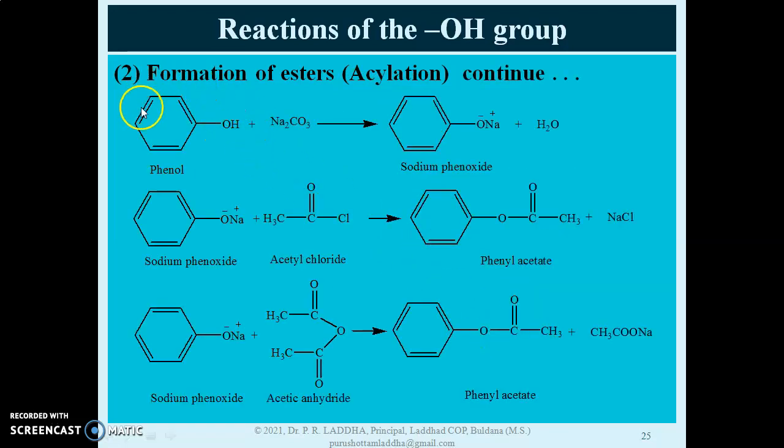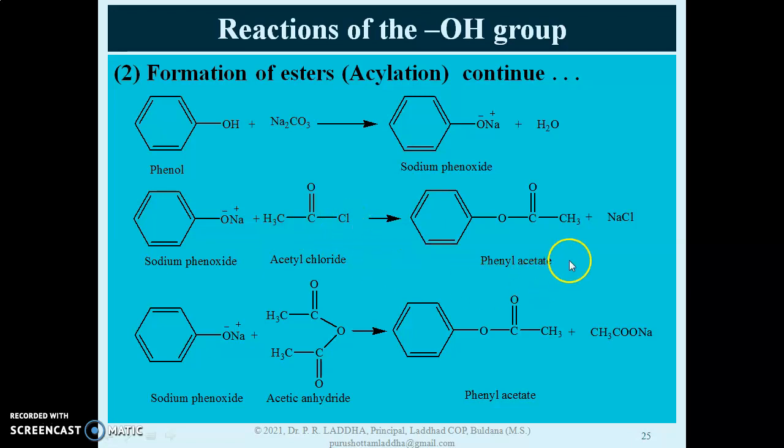Here, when phenol is treated with sodium carbonate, first it gives sodium phenoxide. Then this sodium phenoxide is treated with an acid chloride, for example acetyl chloride. So this negatively charged oxygen will attack this positively charged carbonyl carbon, and the product, the benzene ring with OCOCH3, that is phenyl acetate, is obtained along with the liberation of sodium chloride.